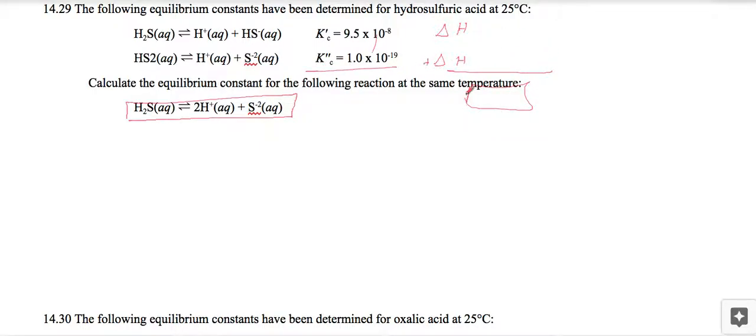Instead, we have to multiply these. So multiply those two things, and we end up with a value of 9.5 times 10 to the negative 27th. And that gets our answer. Now, incidentally, this would be the same thing. It'd be different here.